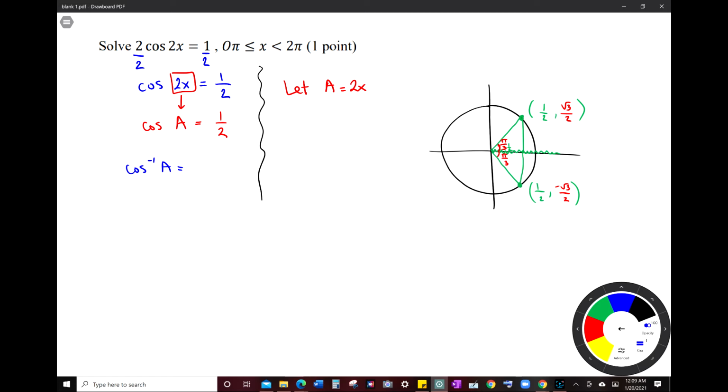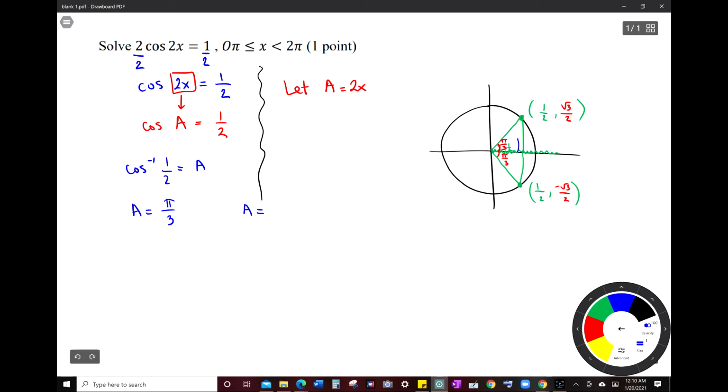The first one is A equals pi over 3 in the first quadrant. And then I have another one, A is also equal to, and now I need to look for it.